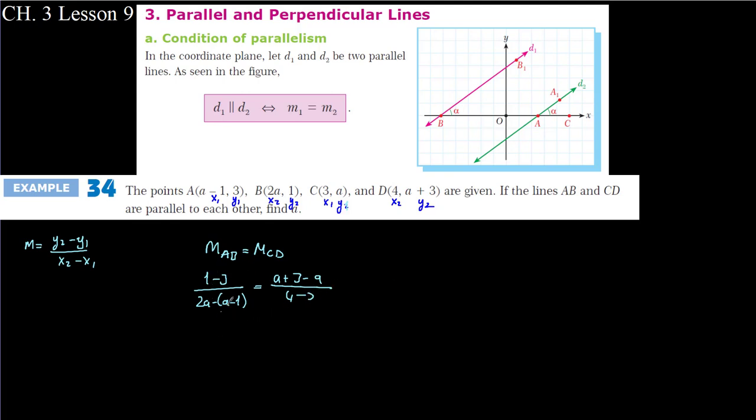So if I solve this part first, this is going to be equal to minus 2 divided by 2a minus a plus 1, because this minus sign should be distributed.